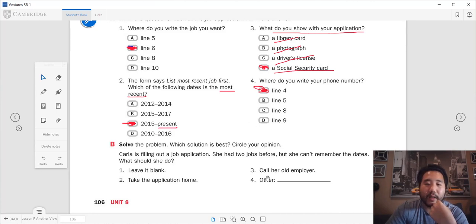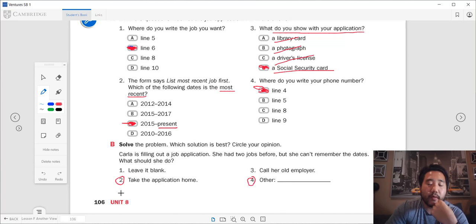And it's kind of rude to call your old employer when you quit at that previous job. So I think the best thing I could do in this situation would be number 2 or number 4.